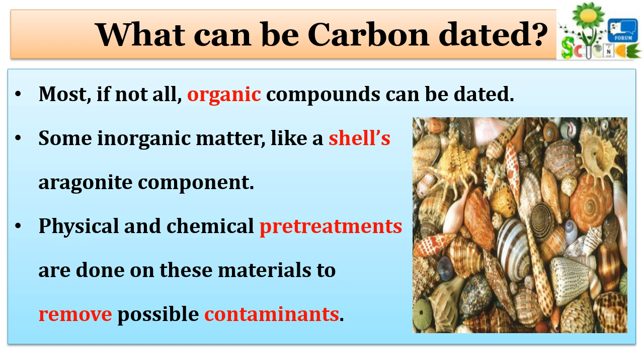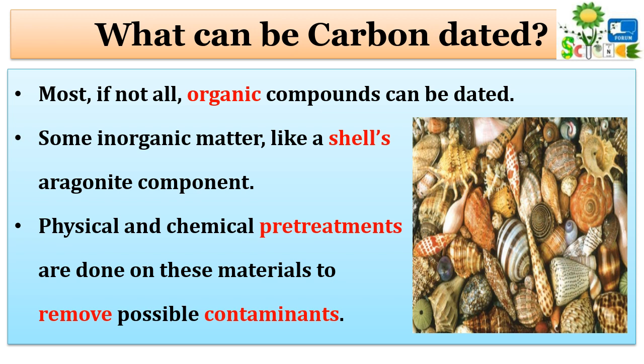Now, what are the different materials which can be carbon dated? Along with many organic compounds, some inorganic matter can also be carbon dated, such as mollusca shells, because these shells during their lifetime receive various minerals, carbonates, which are formed because of carbon present in the atmosphere.